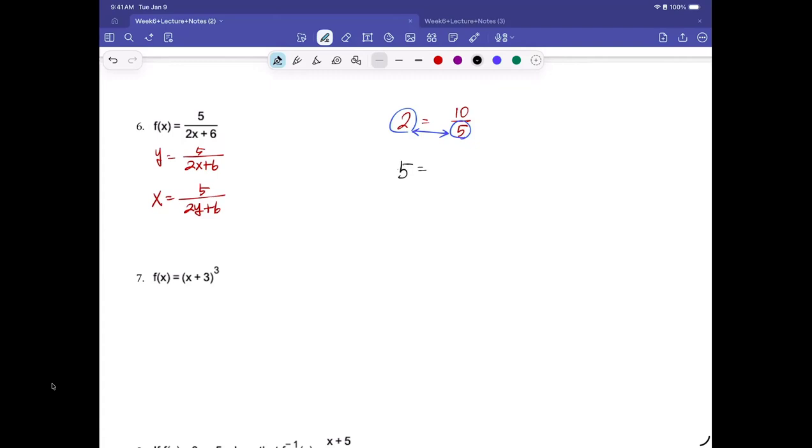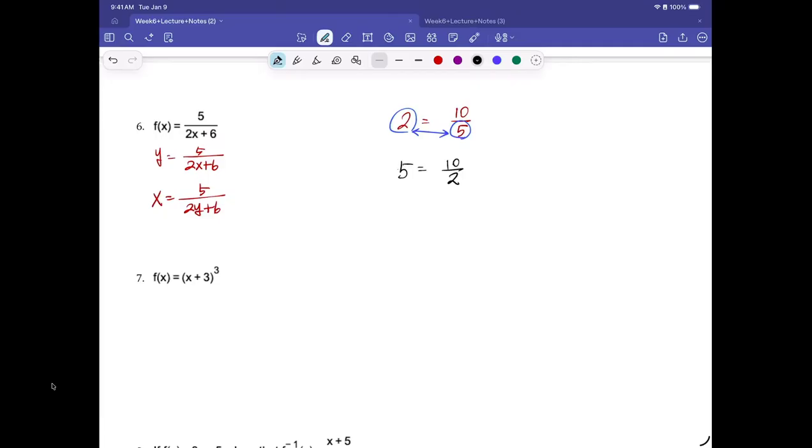So 5 is equal to 10 divided by 2. It's the same thing, isn't it? So we can flip these numbers, right? Because of this. So that's why I'm going to use this method.